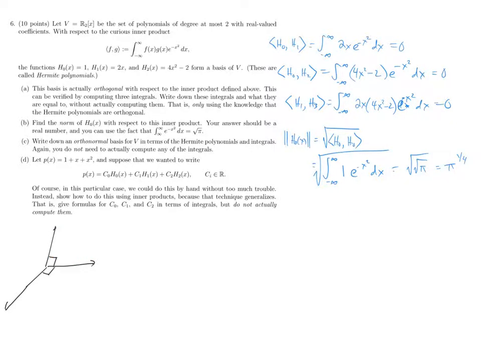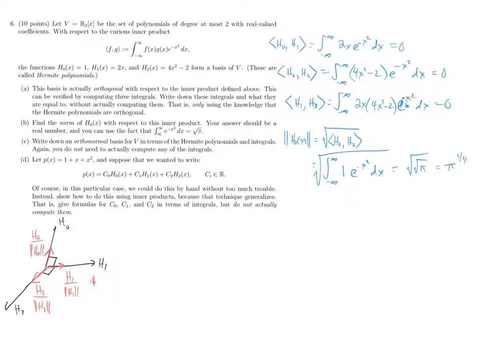So if this is H naught, this is H1, and this is H2, then what you want are scalar multiples of these things that are unit length. So that's going to be H naught divided by the norm of H naught, this is H2 divided by the norm of H2, and over here is H1 divided by the norm of H1.